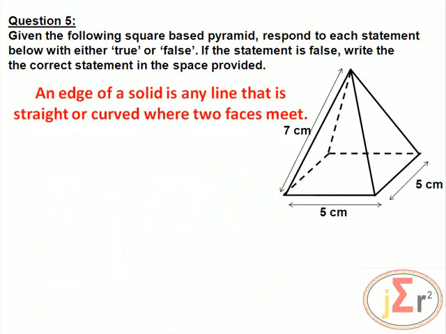Now we will take a look at the edges. An edge of a solid is any line that is straight or curved where two faces meet. Any line where two faces meet is an edge of the solid.